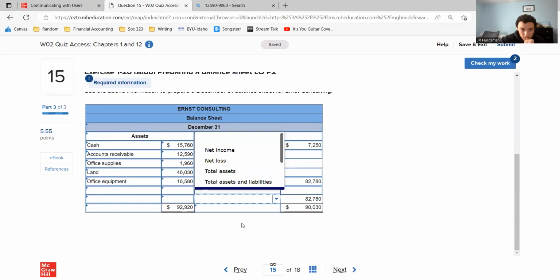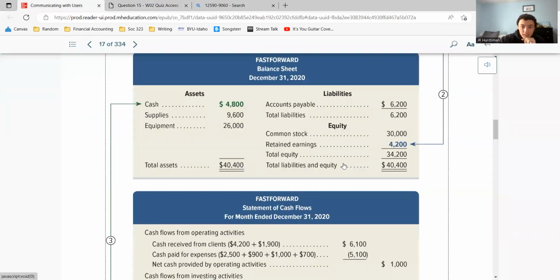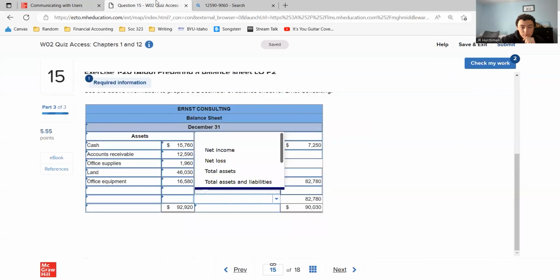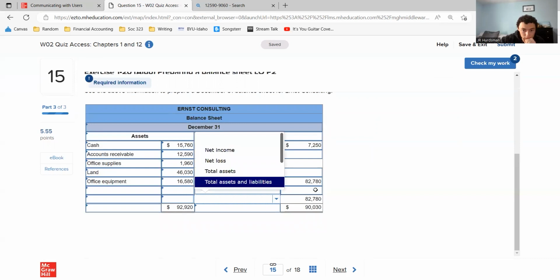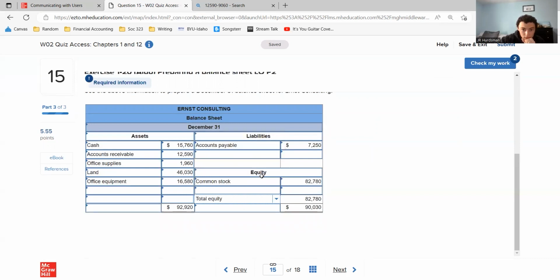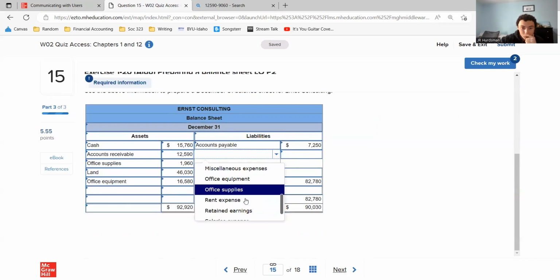Oh, it's probably just right here, here, and here. So let's just look over here. So we're probably going to need our total equity. That's probably what we forgot to do, because this number just moved right here. So total equity, boom. Oh, we also forgot it for total liabilities probably too.